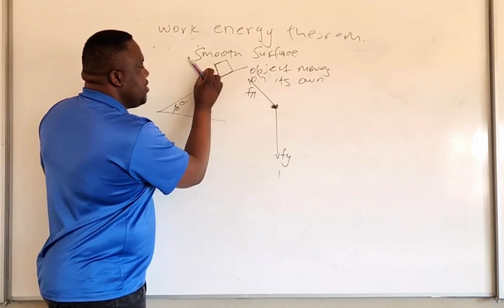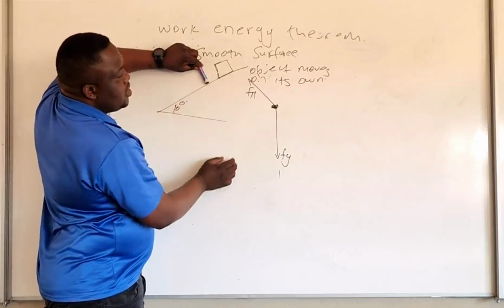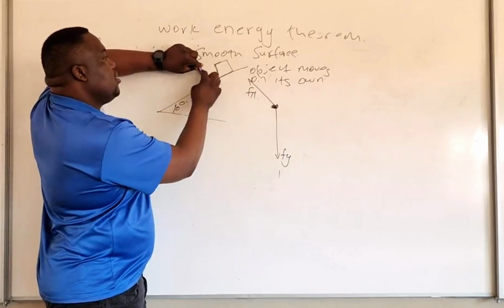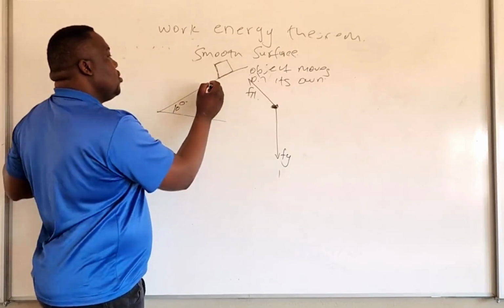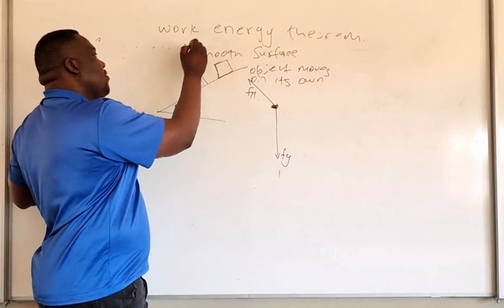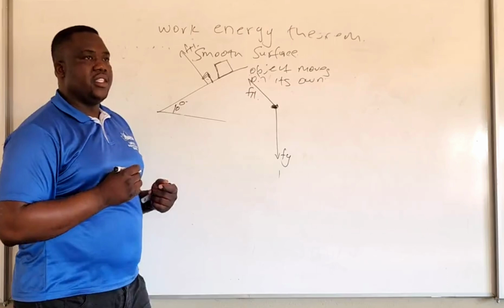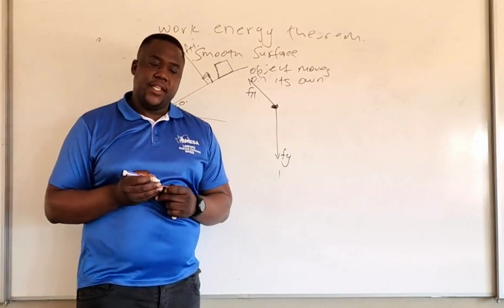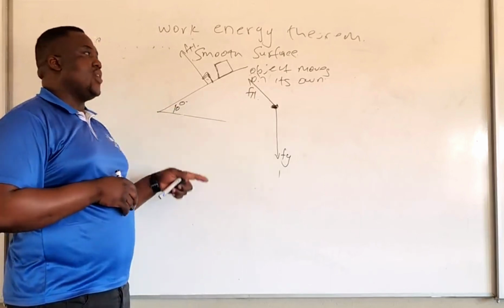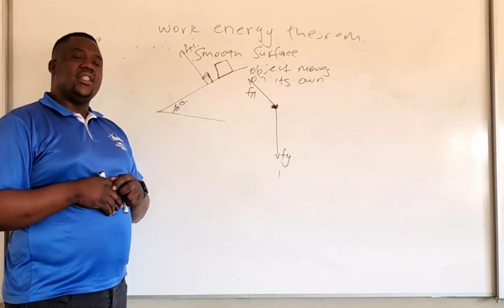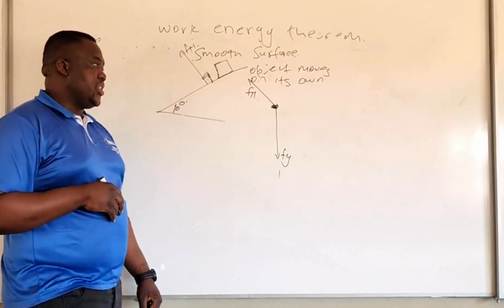Because if you have a line pointing in this direction, it means you will create an angle which is 90 degrees to the surface. So the normal force must create an angle of 90 degrees. An angle of 90 degrees is a sharp corner, like the corner of a textbook, or the corner of a house. So that's why my normal force is pointing in this direction.